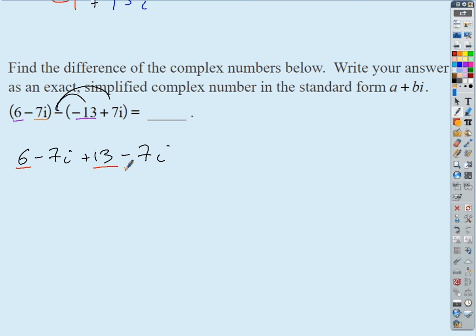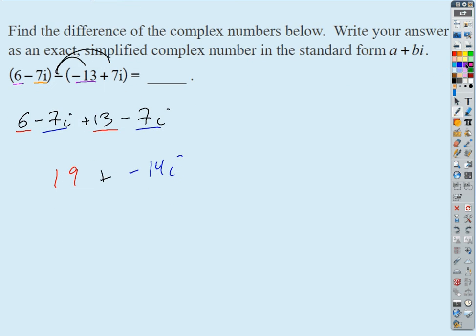So the 6 plus 13 add to 19, plus negative 7i plus negative 7i would be, okay, and then plus a negative really just means I'm getting 19 minus 14i, right? So just distribute the negative and then add like terms, no big deal, okay? So adding and subtracting, piece of cake. It's exactly the way you think it would be.